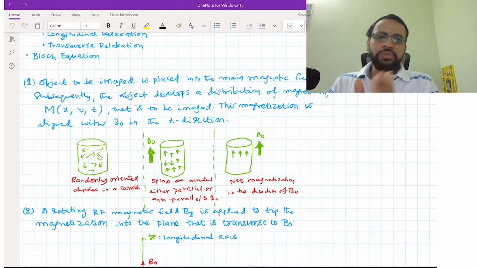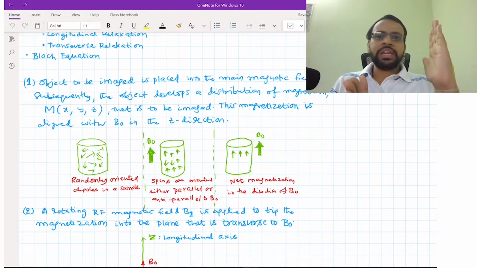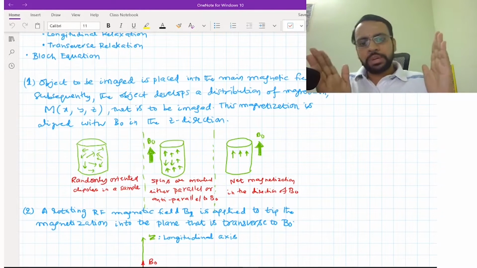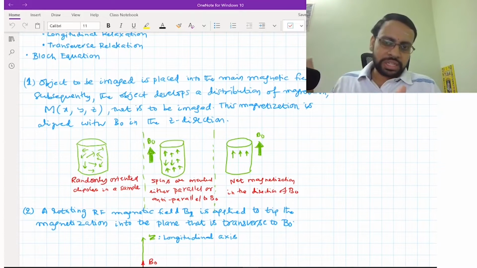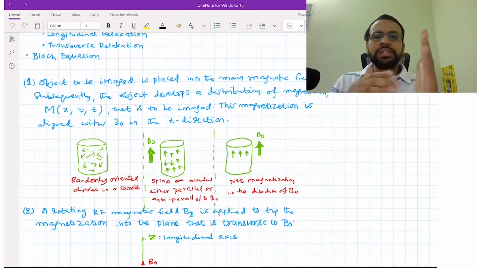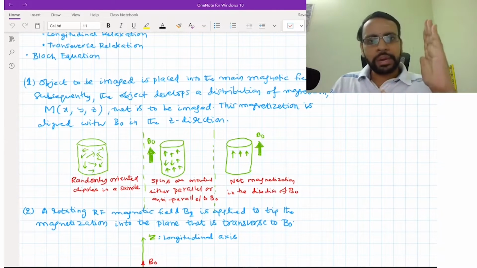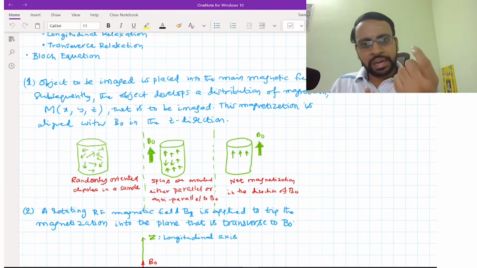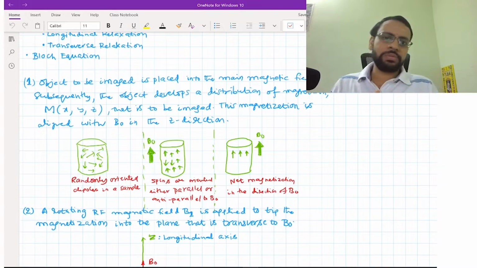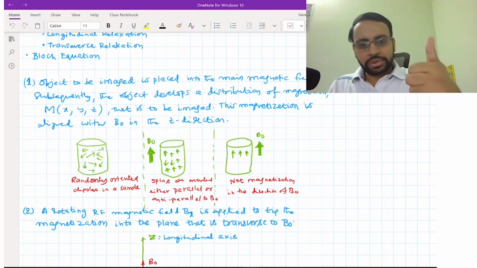Then what if you apply a magnetic field, let's say in the Z direction? The alignments will no more be random, and we discussed in detail in the last lecture as well as the lecture before that, that the dipoles would get oriented either parallel or anti-parallel to the applied magnetic field, with slightly more preference towards aligning parallel to it.